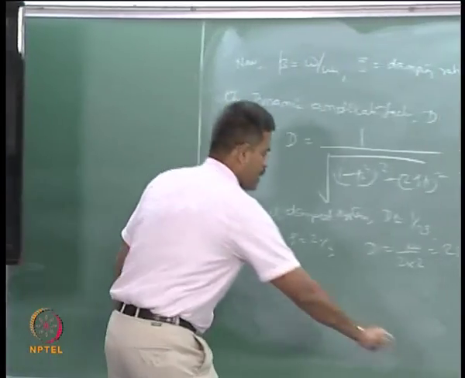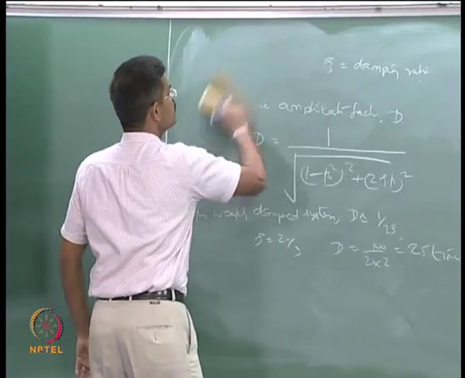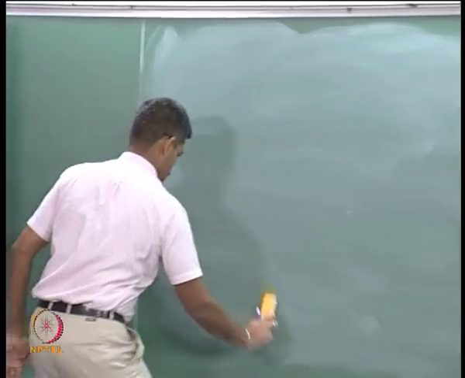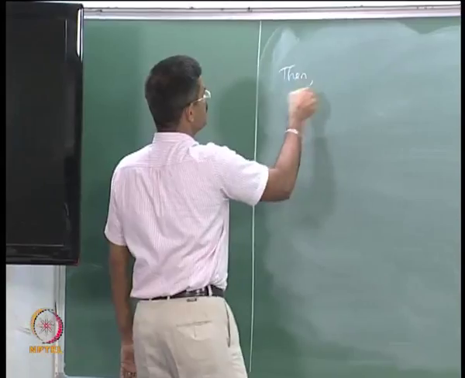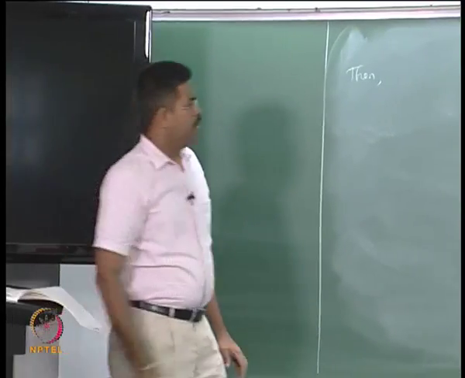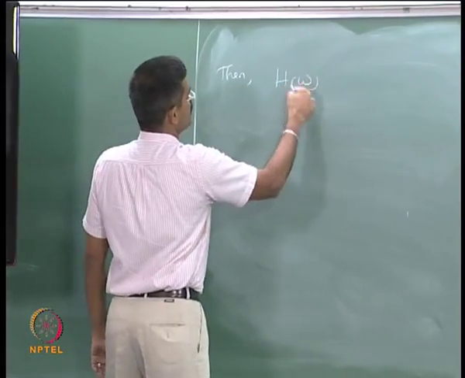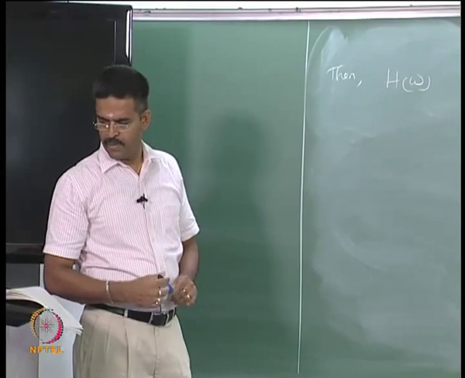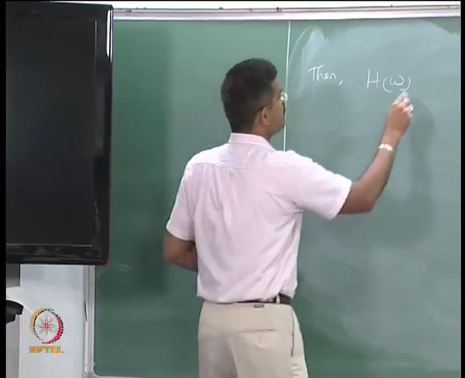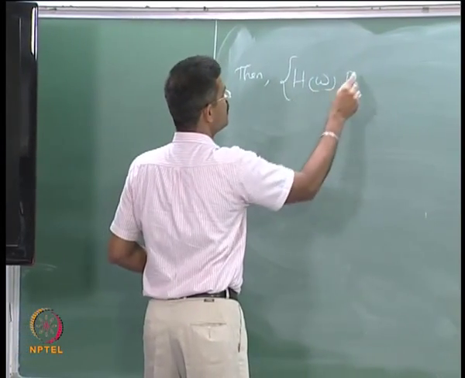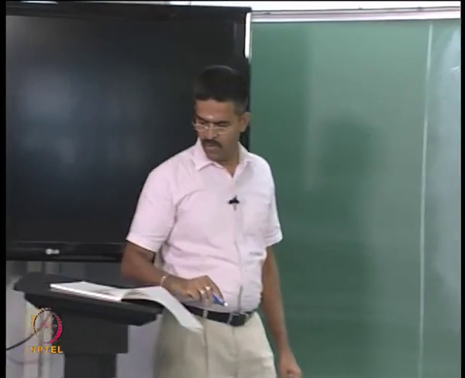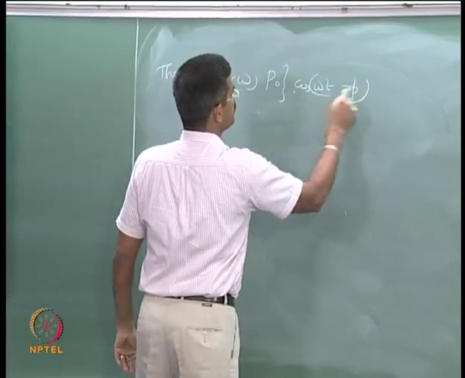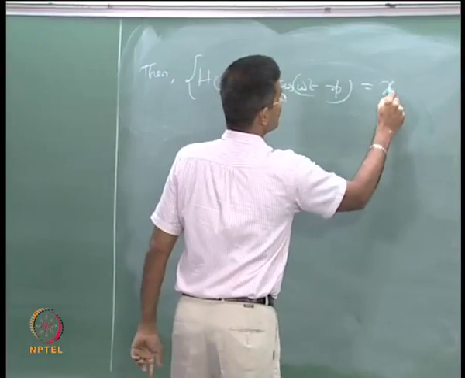So then I can say, H of omega multiplied by P naught of cos omega t minus phi can be said as x of t.